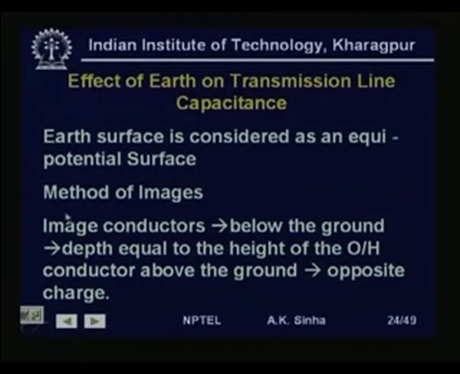It is normally the ground potential or the zero potential that we have, and to take this into effect, what we have to do is we use what we call a method of images. That is, we consider image conductors below the ground at a depth equal to the height of the overhead conductor above the ground, and this image conductor has opposite charge.